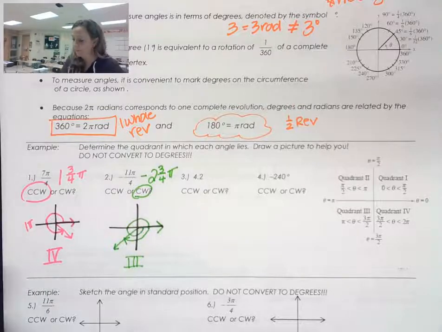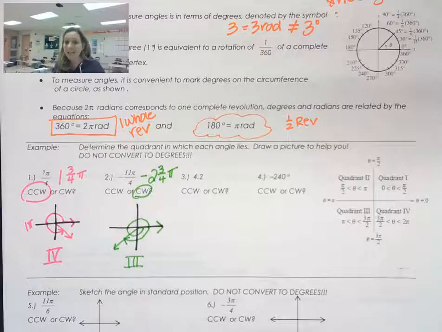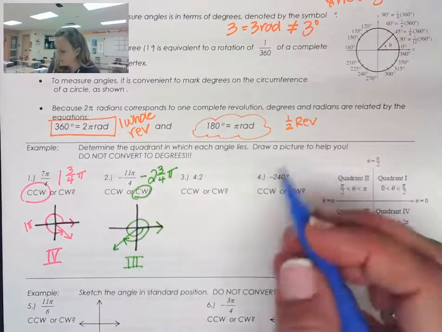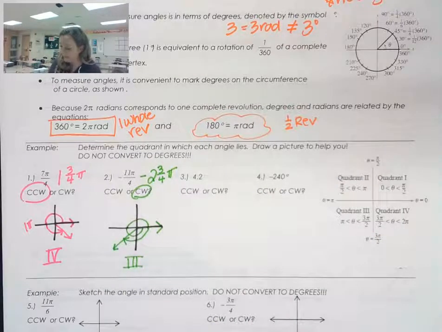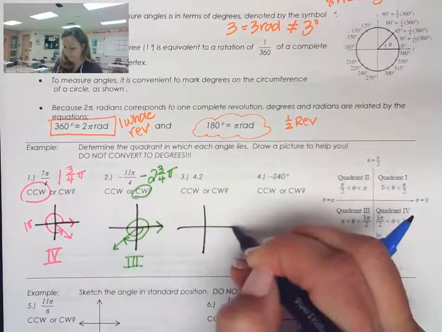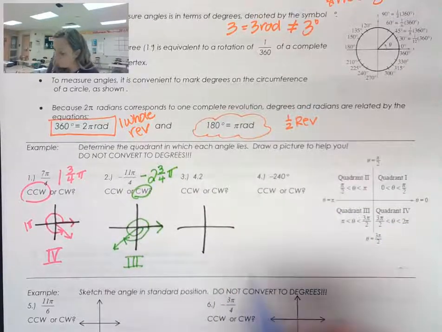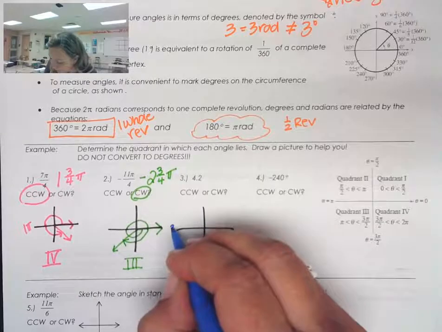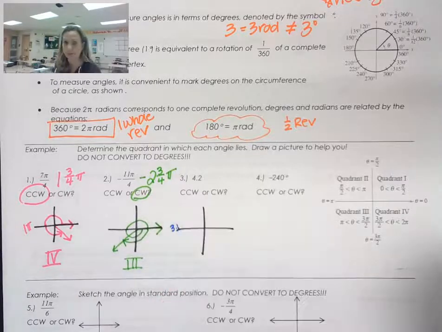Number 3 wants us to graph 4.2. This is not 4.2 pi, all right? This is 4.2. Remember, we said, let me draw an axis, we said that 1 pi was about 3.14-ish, right? We'll just go to the nearest tenth. It doesn't matter too much.